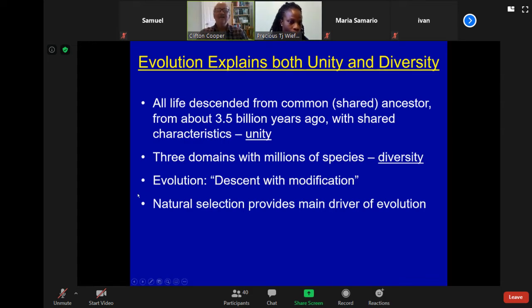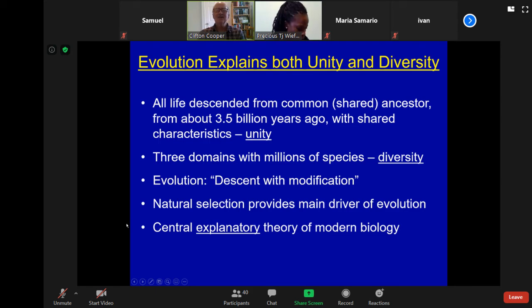We think then that the main driver of this has been natural selection, as developed by Darwin in the 1800s. There are other forces involved in evolution, but we think natural selection is the primary one. So that becomes the central theory that we have for explaining why things are the way they are in biology.